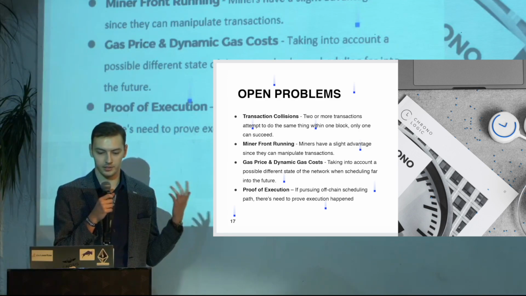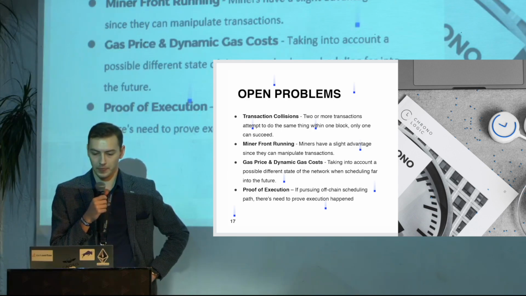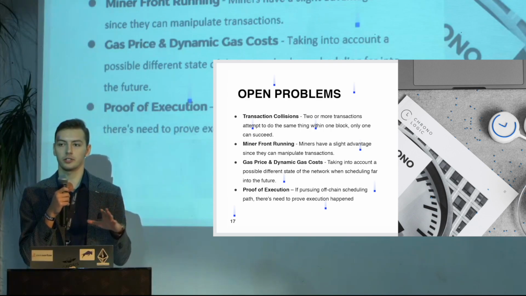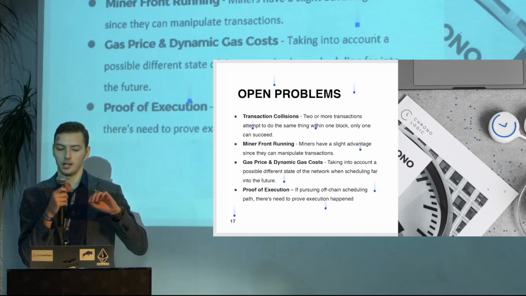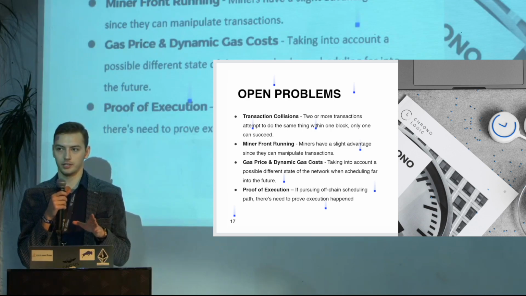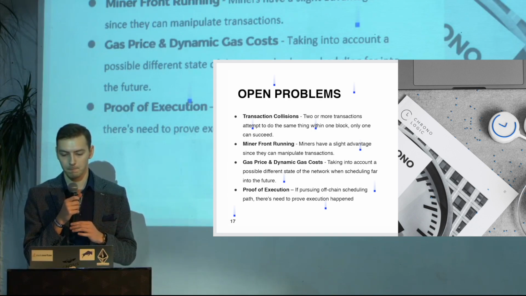But it's a really big problem in the whole of Ethereum. Then we have gas price, which is basically when you schedule a transaction, you also need to put a refund for the gas as well as the reward. So the problem is you can't really predict the future gas price on Ethereum, so it's problematic.